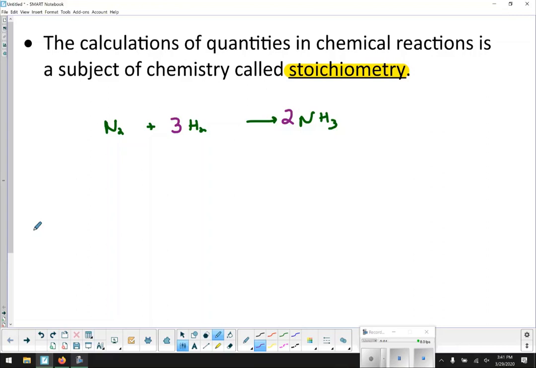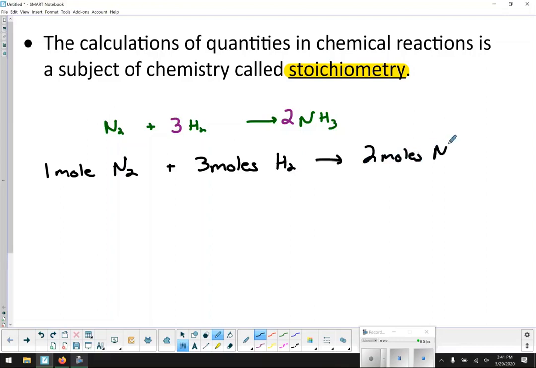And what this tells us is really the key to stoichiometry. This balanced chemical equation actually tells us how many moles of each thing react. In other words, we could rewrite this in words as 1 mole of N2 plus 3 moles of hydrogen, H2, gives us 2 moles of ammonia gas.